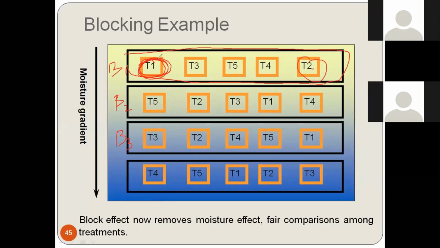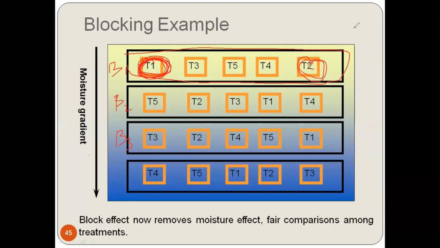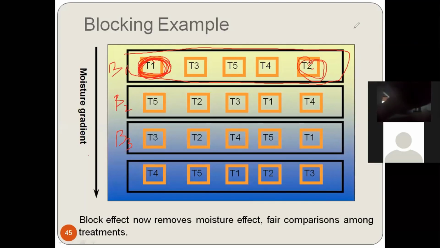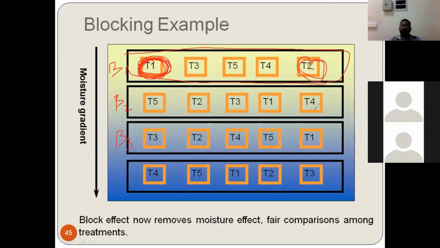There's homogeneity here. If you look at the moisture level at this plot and this plot, it is more or less the same. Why? The gradient is in this direction. Clear? This way of blocking is correct.